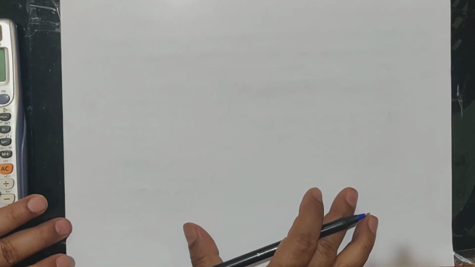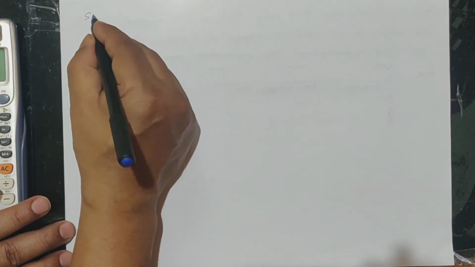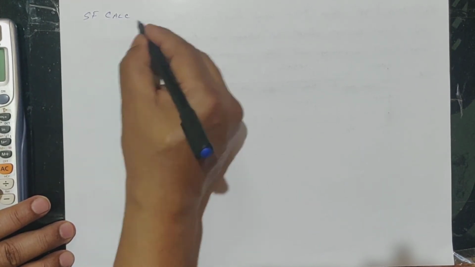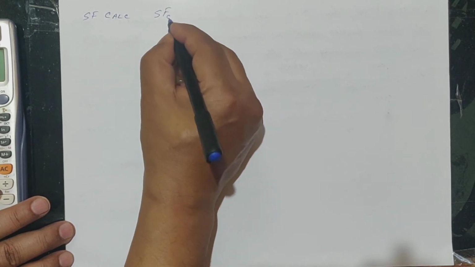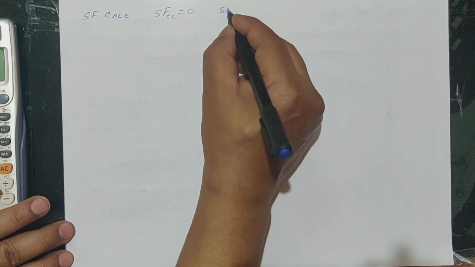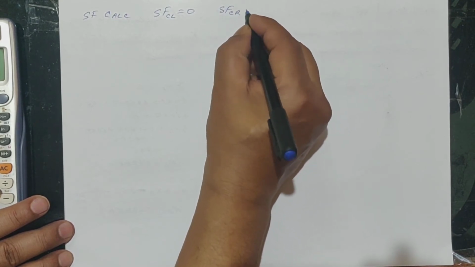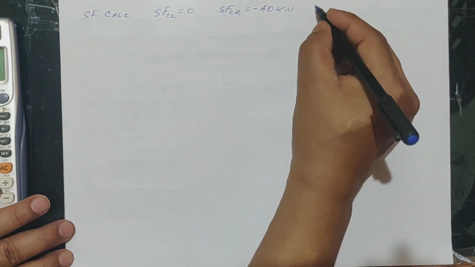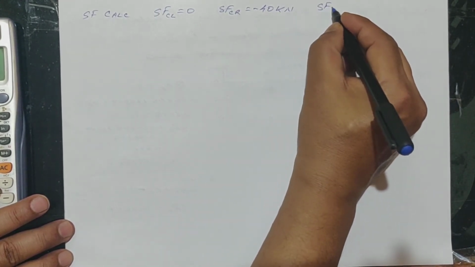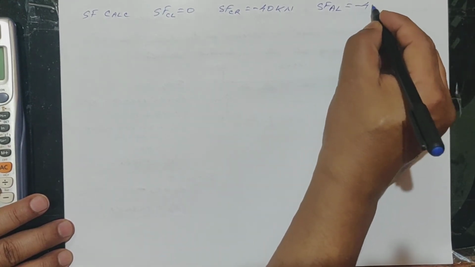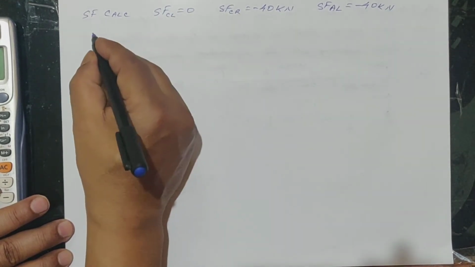Now we will do the SF calculation. SF at C left hand side is equal to 0. SF CR is equal to minus 40 kilonewton. SF AL is equal to minus 40 kilonewton.